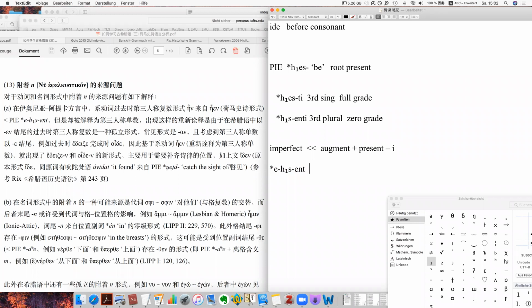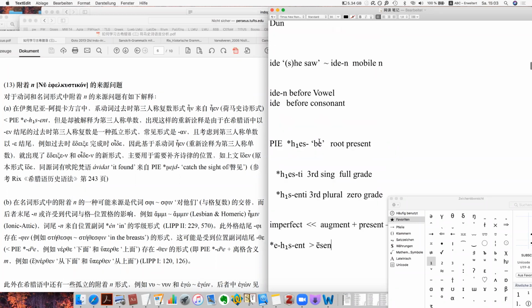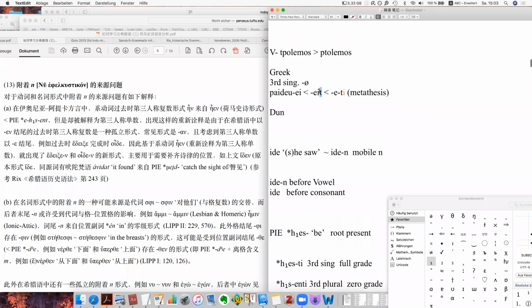So what is the result of this one in Greek? This is a lengthened vowel, right? And then you have an s in between, and then you have n. But pay attention, the last consonant is dropped: the last t is dropped, just like previously, you can see the t is always dropped at the end.